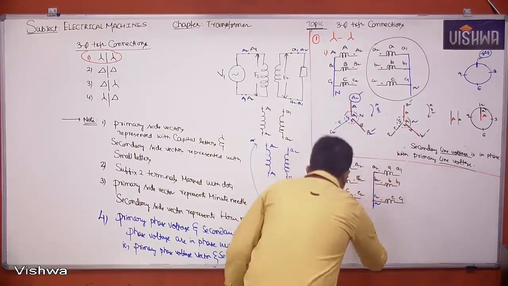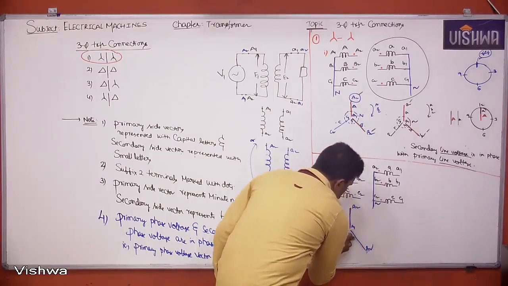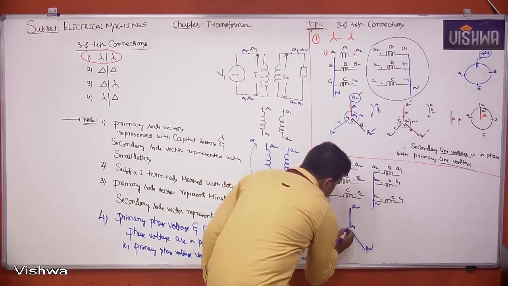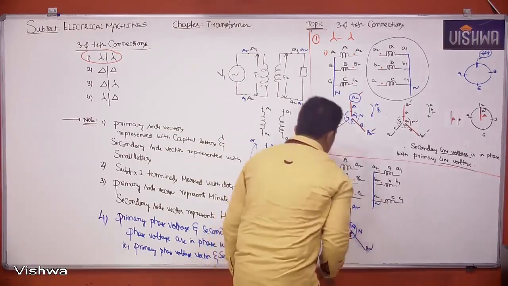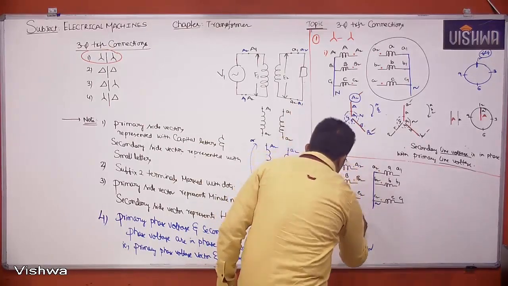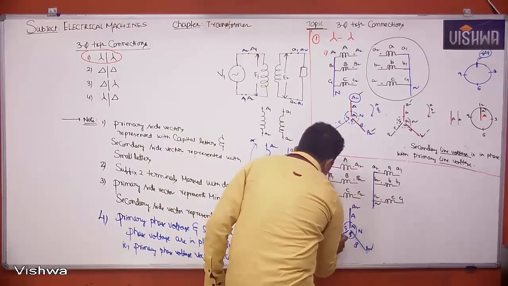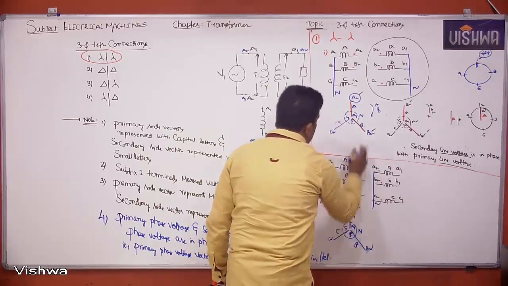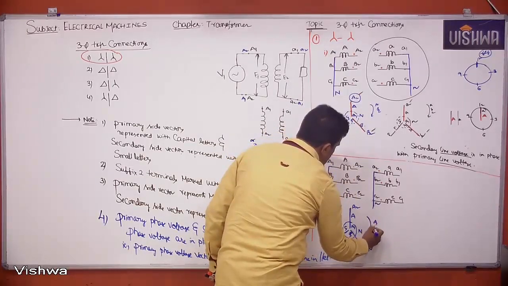If it is the A2 terminal, what is the other terminal? A1. If it is B2, it becomes B1. If it is C2, C1. A1, B1, C1 start with capital N. From A1 to A2, capital A is there. From B1 to B2, capital B is there. C1 to C2, capital C is there. What is the phase sequence here? ABC is the phase sequence. Here also ABC is the phase sequence.